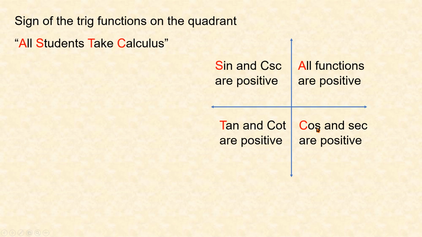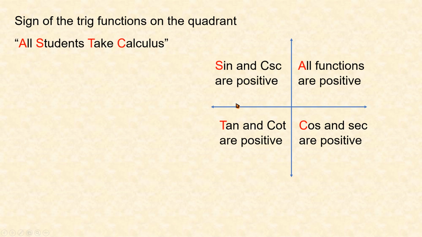So each function has two quadrants where it's positive and two where it's negative. For sine, it'll be first and second. They're positive here, but negative down here. For tangent it's 1 and 3, positive there, but negative over here. Cosecant will be 1 and 4, but negative over here.